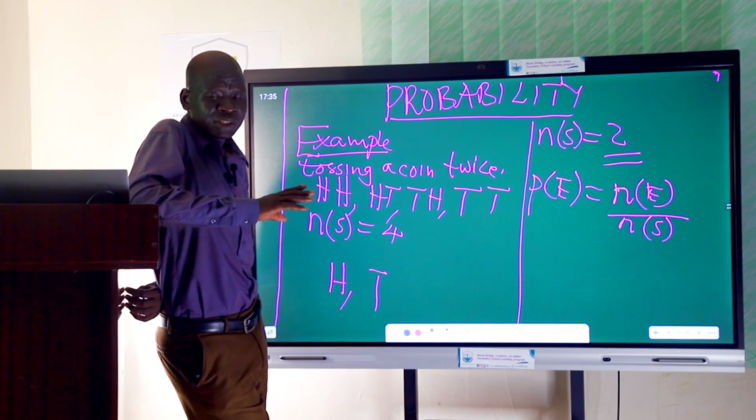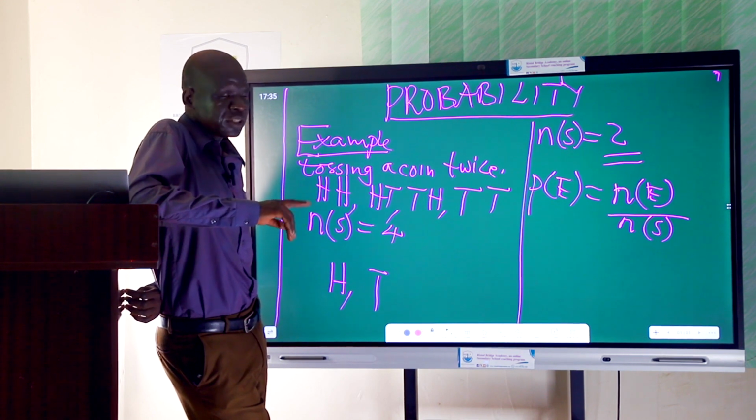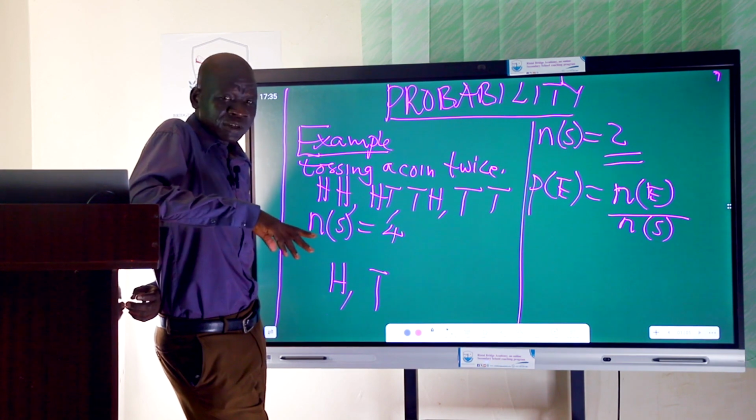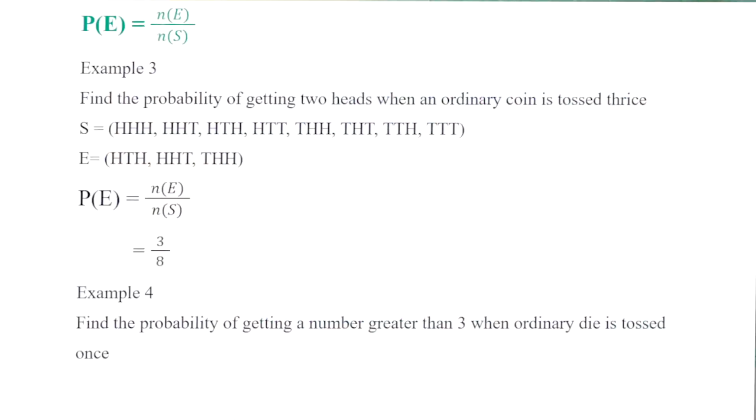If there are 2 events, you divide 2 by the sample space. If there are 6, you divide by the sample space, which is 6. So that is the formula for finding the probability of an event.